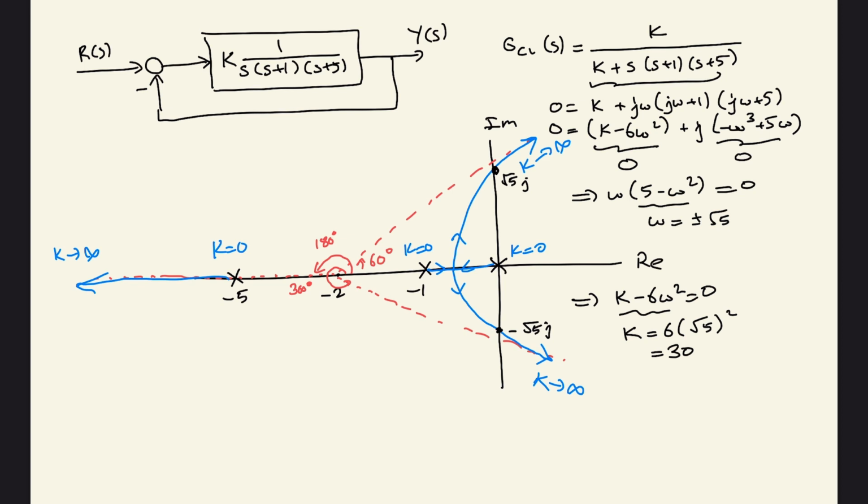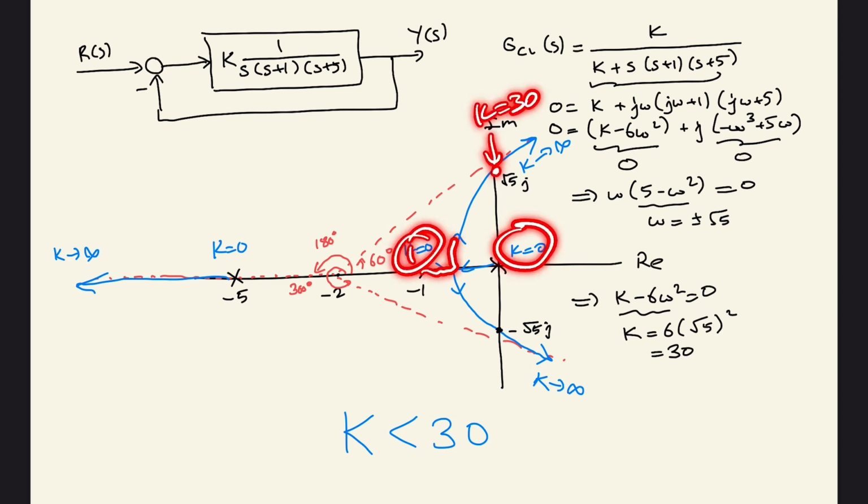In other words, to maintain closed loop stability, gain k must be less than 30. Why? Because here is gain k equals 30 and here gain k equals 0. If you increase gain k more than 30, your closed loop system will be unstable.